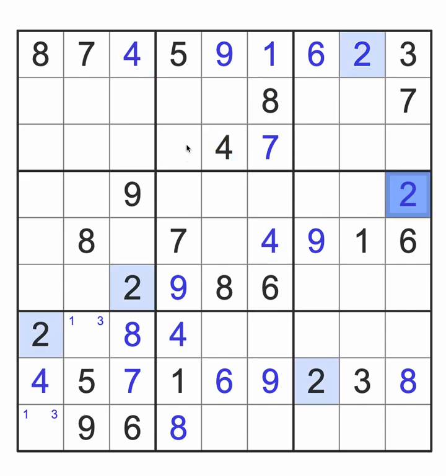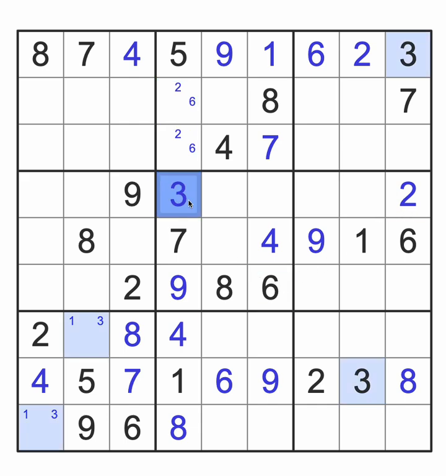Now this 2 blocks this cell, meaning for column 4 to have 2, it will have to be placed here. And here's 6, which blocks this cell. 6 cannot be placed here, so 6 also has to be in one of these 2 cells. So that actually gives me a 2, 6 double. Of course, I could say these are 2, 3, 6, and 2 and 6 blocks this cell.